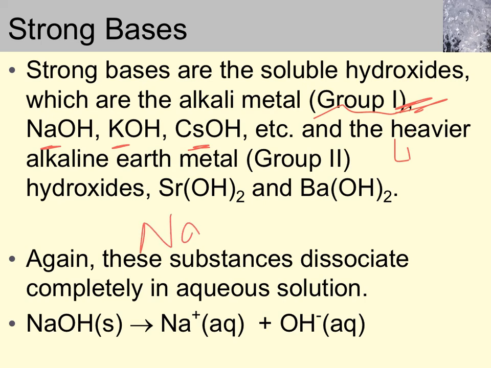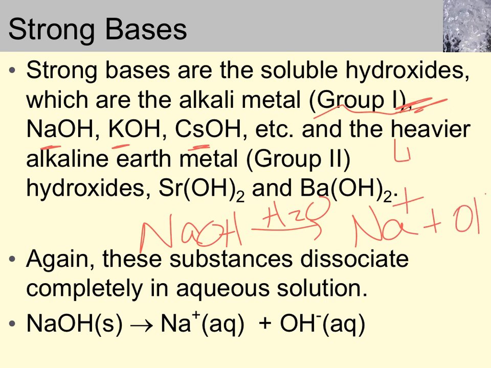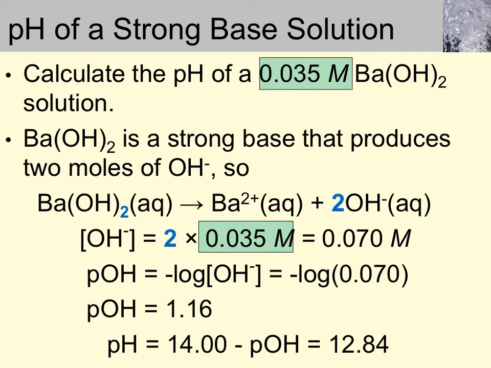So any of these bases, let's just take sodium hydroxide, when you add them in water, they will dissociate into the hydroxide and the metal cation, and they will do so 100%, so that you have 0% of the original intact hydroxide. And again, calculations with strong acids and strong bases are very easy to do because whatever the original concentration of the strong acid or base is will end up being the concentration of the ion.